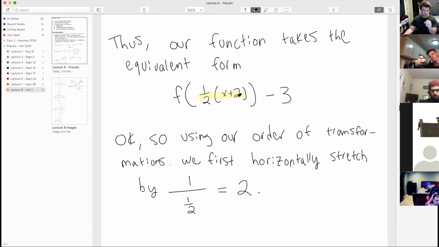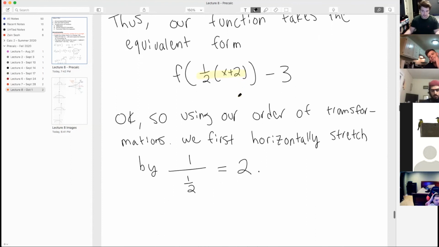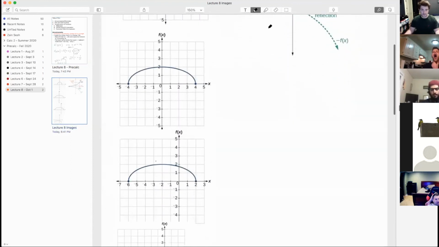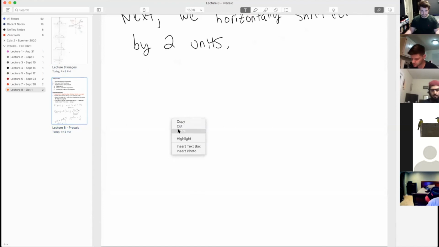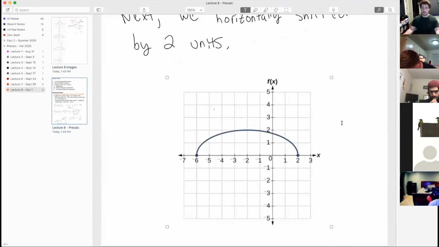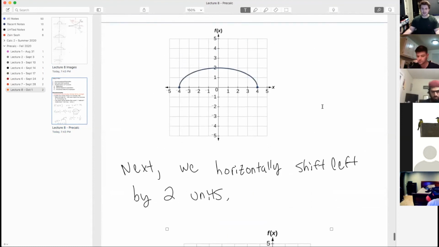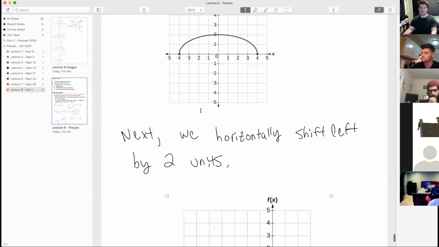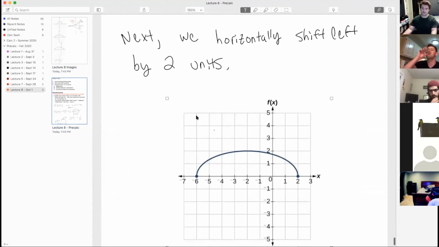A plus 2 corresponds to a left shift by 2 units. So what's the picture for that? It's this. I hope you can see, comparing this picture to that one, the only thing that changed was the graph was shifted to the left 2 units.